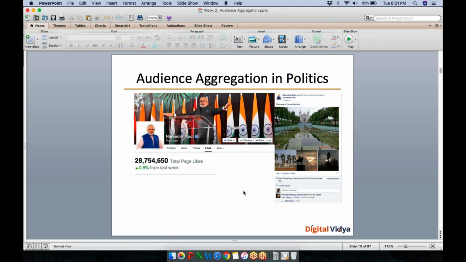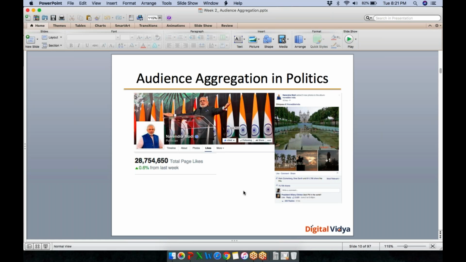Obviously, we all know Narendra Modi, one of the most followed guys across Facebook and Twitter. What is he doing on social media, right? He's aggregating his audience because he understands the fact that all those people interested to know about Modi, he doesn't care if they are interested in the progress of the country or whatever else.